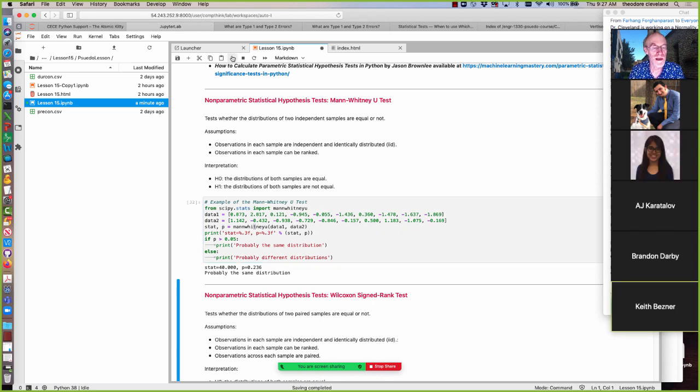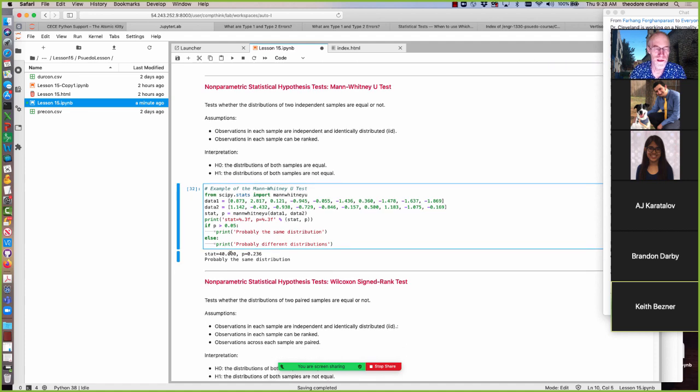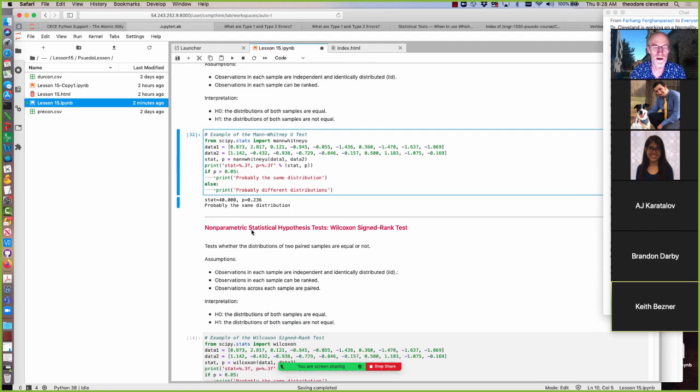We run it, and it tells us that the accumulated p-value or the shared probability is 23%, and we've selected that if the shared probability is bigger than 5%, we can conclude they're the same, and if it's smaller than 5%, we'll conclude they're different. So the evidence here is that these are from the same underlying process.